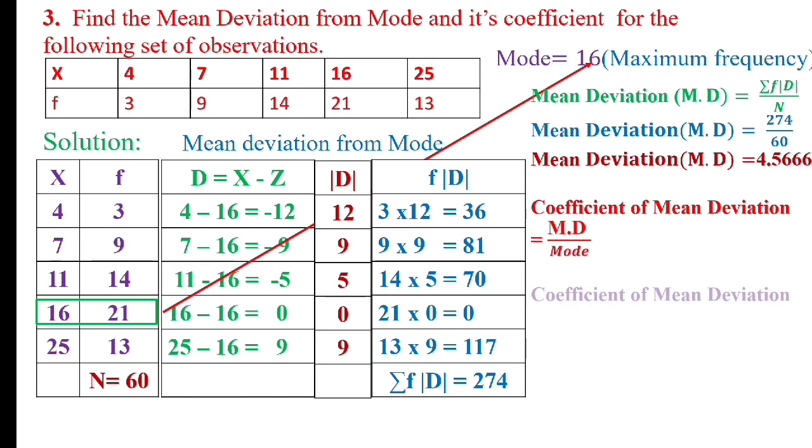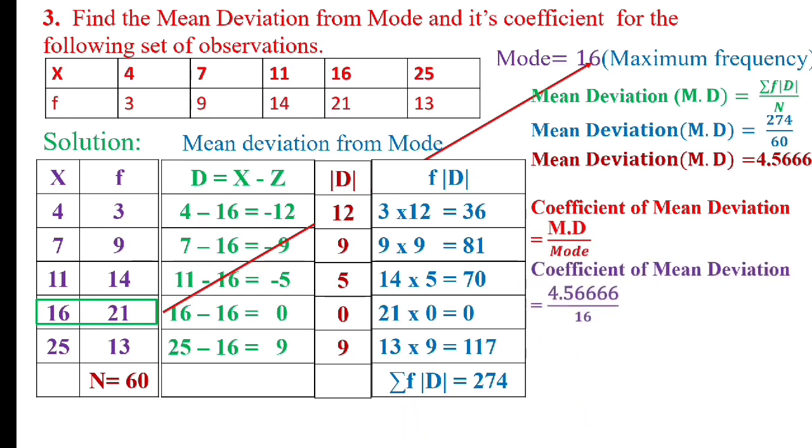Substituting the values, 4.5666 divided by 16 gives the coefficient of mean deviation value 0.2854. In this way we can find the mean deviation from mode for a discrete series of observation.